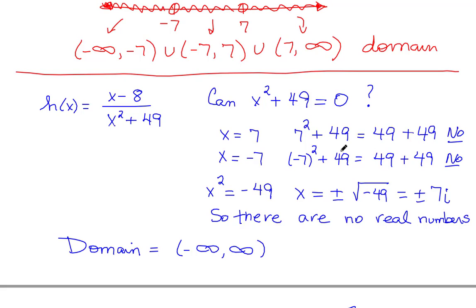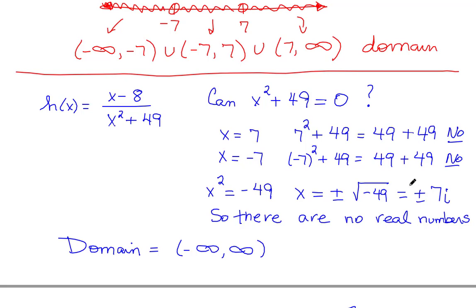What's going on? Well, if I move the 49 to the right, that would say x squared is minus 49, or x is plus or minus 7i. So the only numbers that make it 0 are complex.